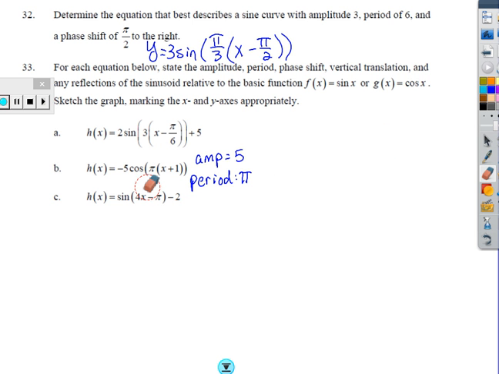Now I can tell that by the plus 1 right here that I'm moving 1 unit left. So that's a phase shift of 1 unit left. And now judging by the negative in front of the 5, this was a reflection over the x-axis.